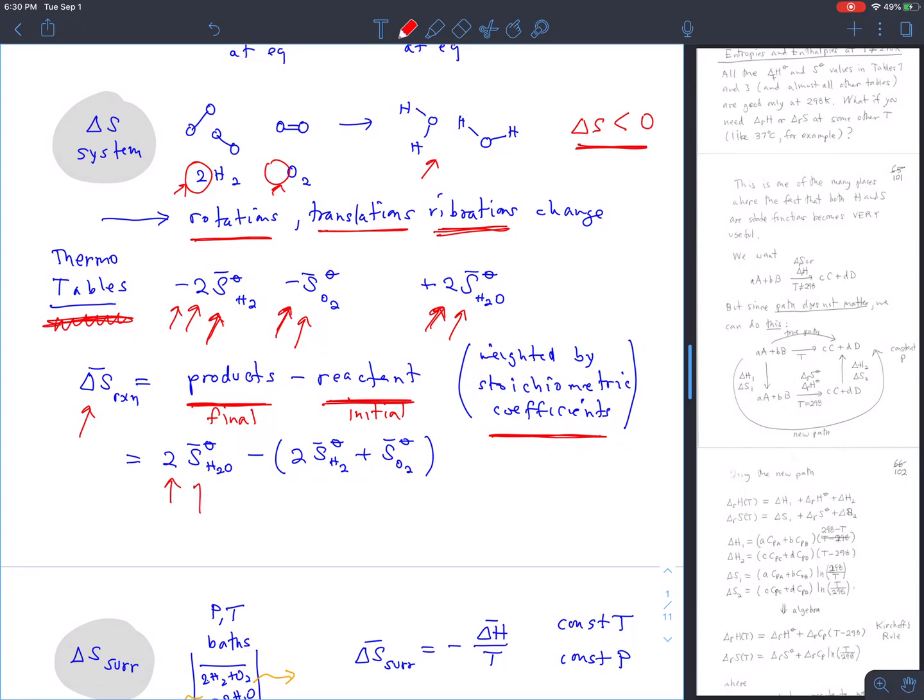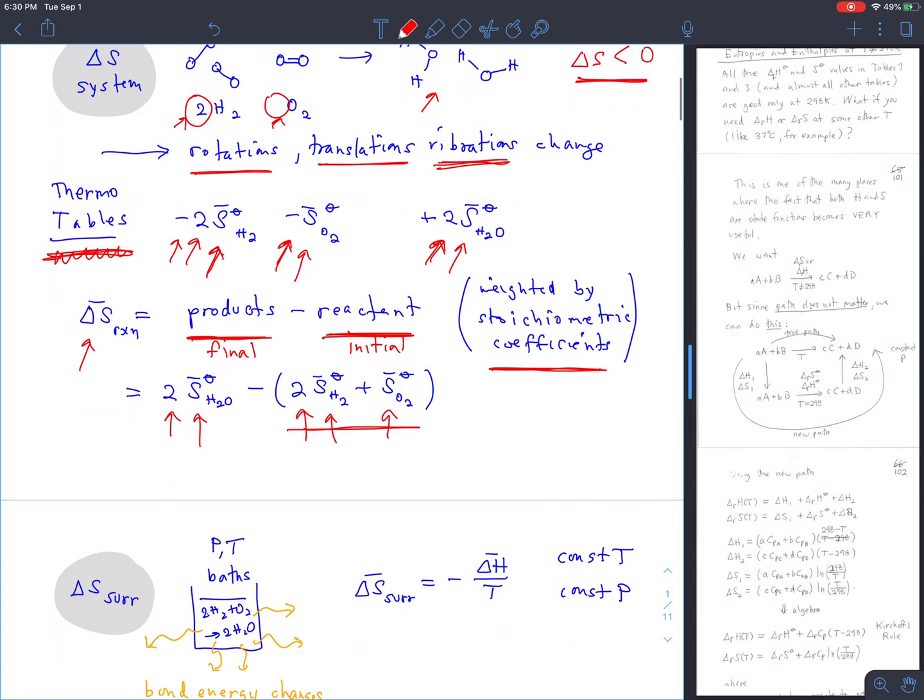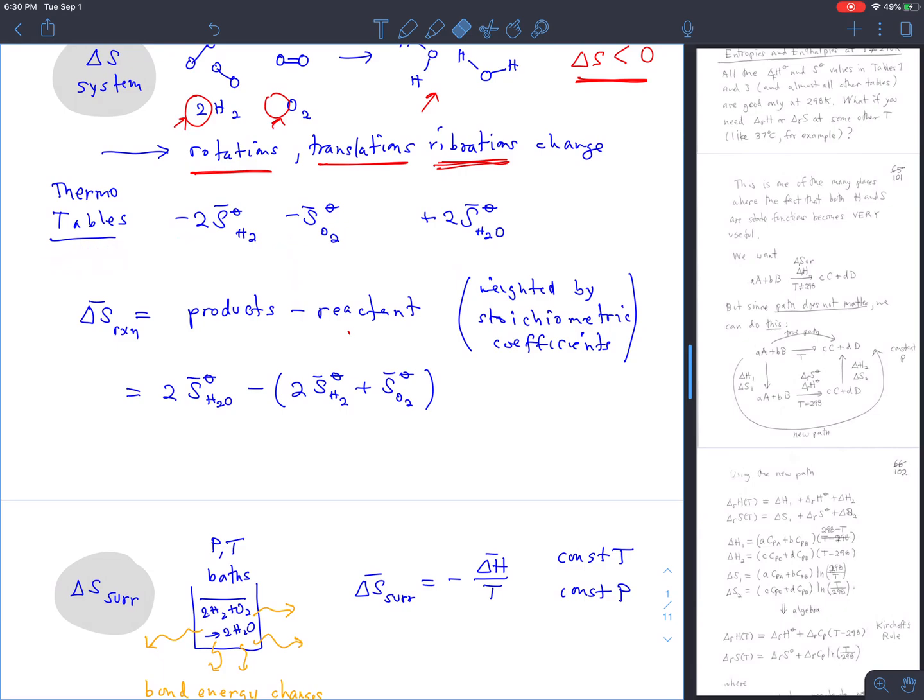And so it's 2 times the entropy for water minus a quantity 2 times the entropy for hydrogen plus the entropy for oxygen. That's the quantity that we're going to calculate when we're taking numbers from the thermodynamic tables for entropy.